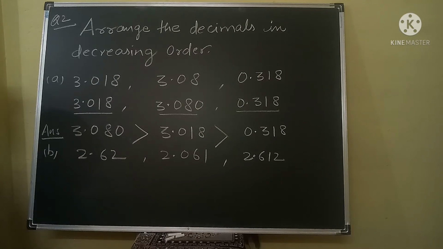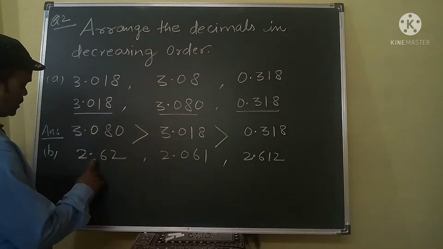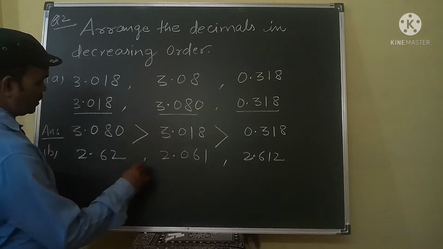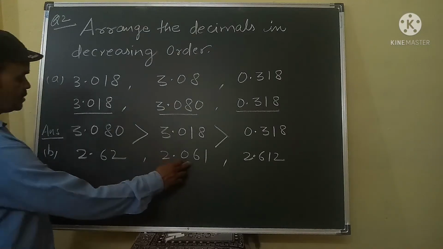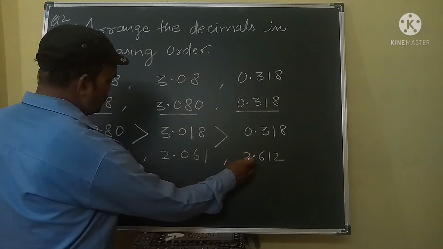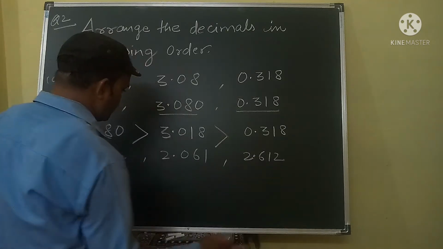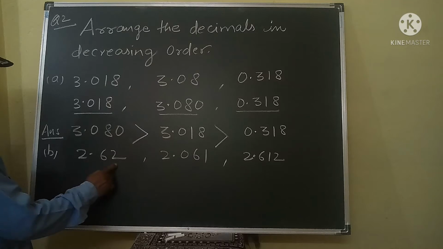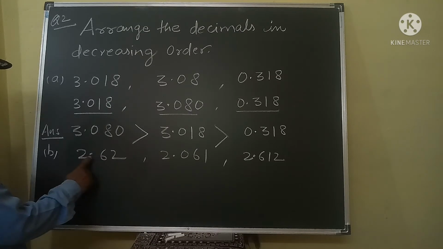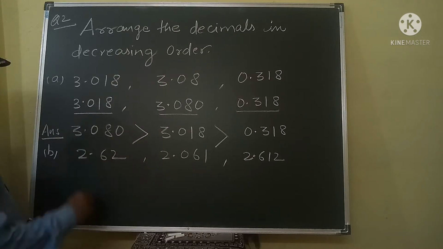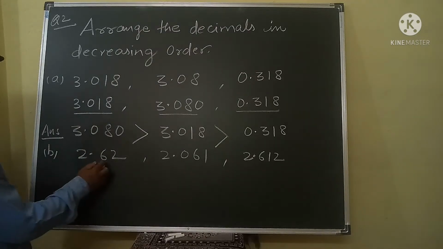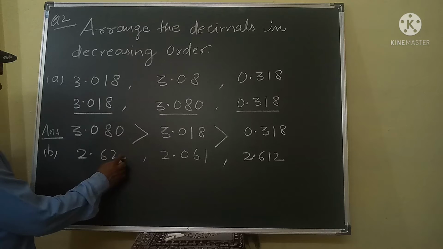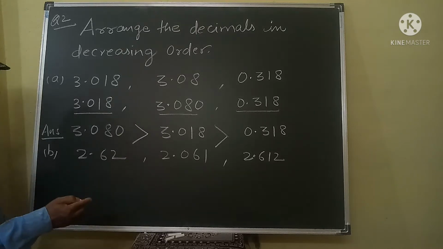How? As you are looking, after the decimal point there are 2 digits, 3 digits, and 3 digits. This is the first decimal number. In the first decimal number, after the decimal point there are 2 digits. So what will we do? We will easily convert 2 digits to 3 digits.